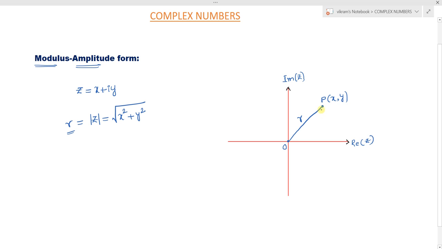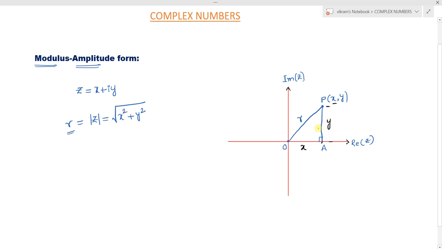Now draw a perpendicular to the real axis, that means the real part of the complex number, from the point P. Let us consider this as point A. So OA is the x coordinate, which is simply x, and AP is y.